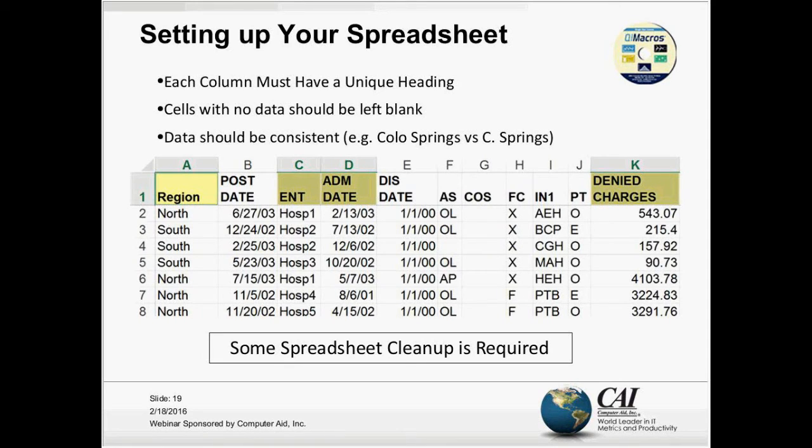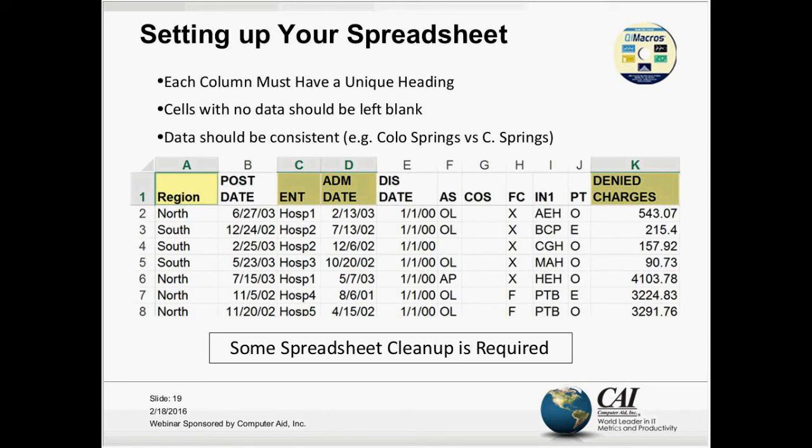Then you want to find a way to make the data consistent. If you're saying Colorado Springs versus Sea Springs versus whatever, you want to make a standard thing. I worked with one giant file of data, and they were talking about Medicare. You can't imagine how many different ways people abbreviate Medicare. It could be all 8 characters or MDCR or MDC, or it was crazy.